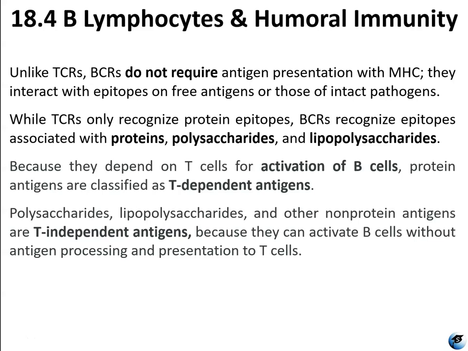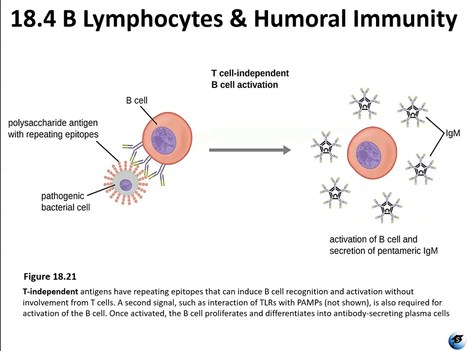Because protein antigens depend on the activation of T cells, they are called T-dependent antigens. Polysaccharide, lipopolysaccharide, and other non-protein antigens are T-independent antigens because they can activate B cells without the help of T cells at all.